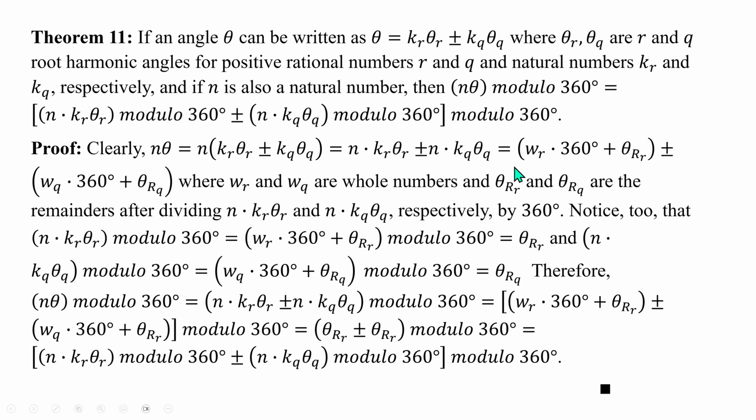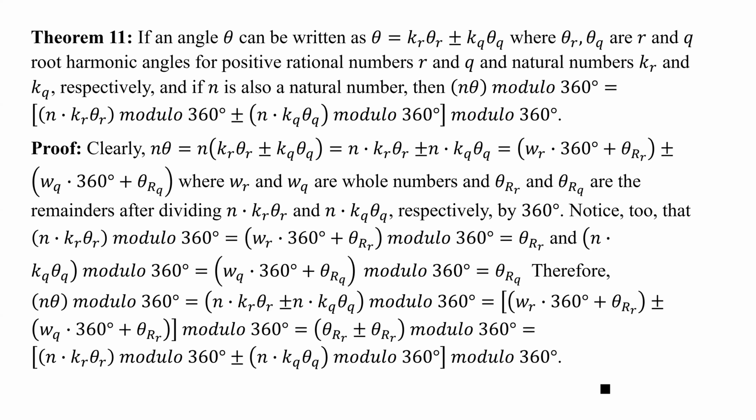And that is going to be equal to w sub r times 360 degrees plus theta sub capital R sub r, plus or minus some w sub q times 360 degrees plus theta sub capital R sub q, where w sub r and w sub q are whole numbers, and theta sub capital R sub little r and theta sub capital R little q are the remainders after dividing each of these expressions here, respectively, by 360 degrees.